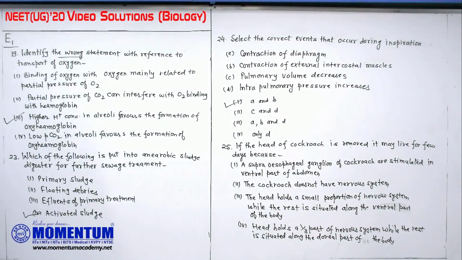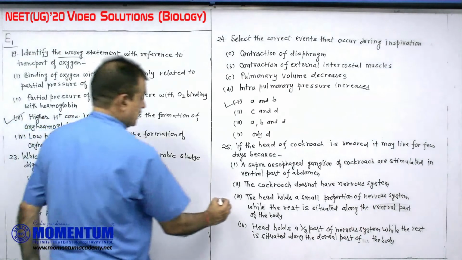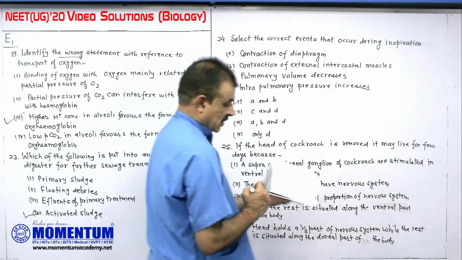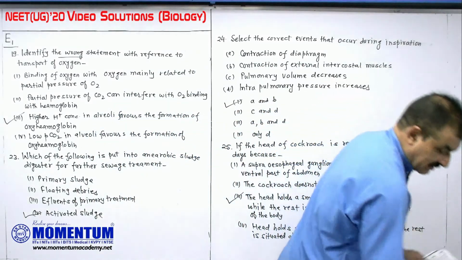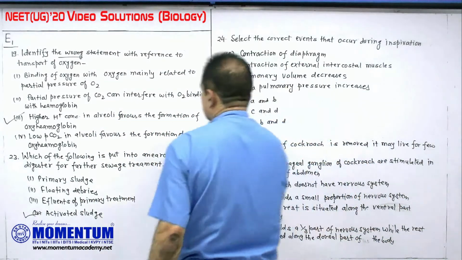So out of these options, you can clearly see that the third option is correct, because a very small part of the nervous system is in the head part.